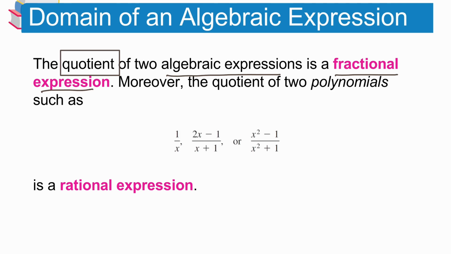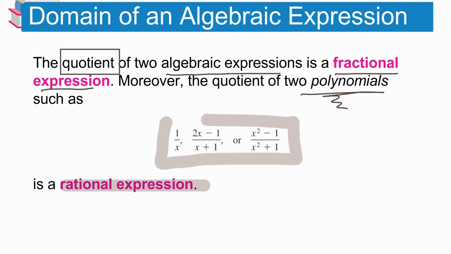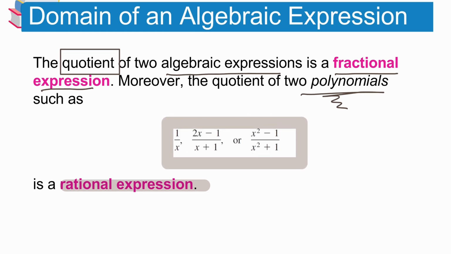And if it happens to be a fractional expression that's a polynomial divided by a polynomial, that's what we define to be the rational expression. So the polynomial divided by a polynomial is our rational expression. And these are all fitting into that category of rational expressions.